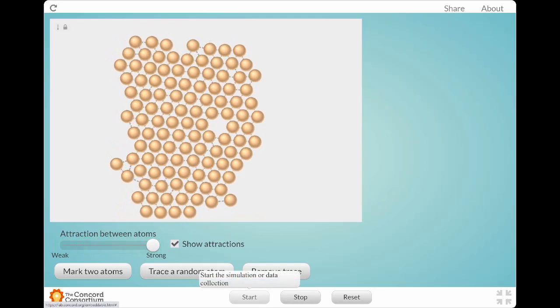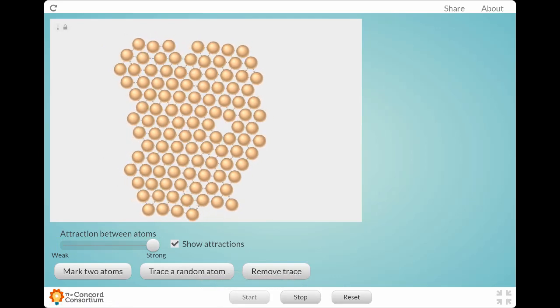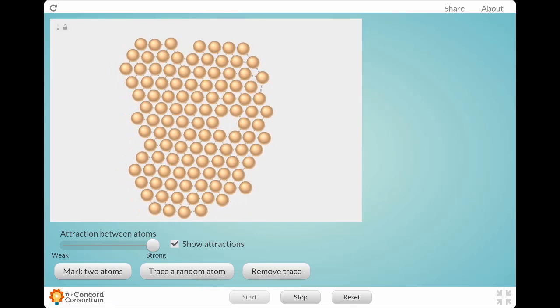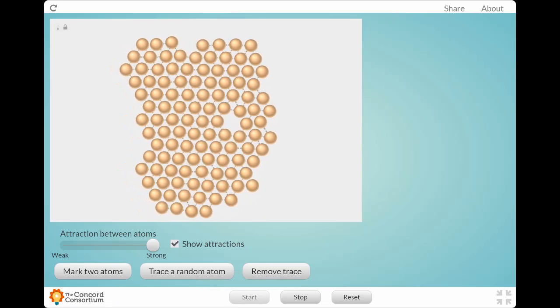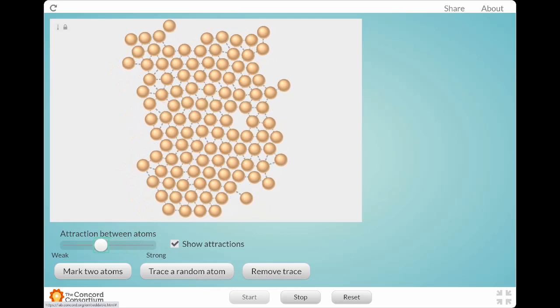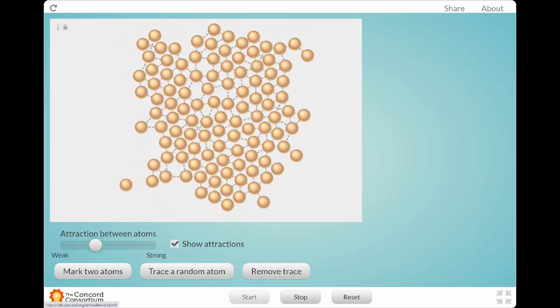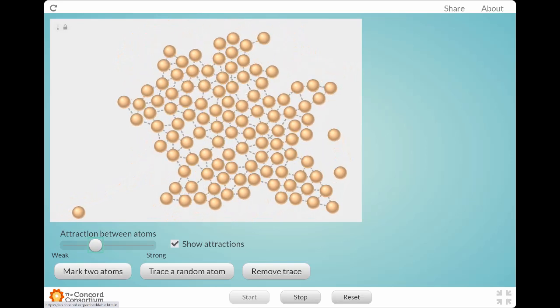Now, when the attractions are strong, you'll notice that that corresponds to the solid state of matter. The particles are closer and more compact, so we see there are stronger attractions in a solid. When we begin to weaken the attractions, our molecules begin to take on more of a liquid state, where they still have some attractions, but they're able to move more freely.